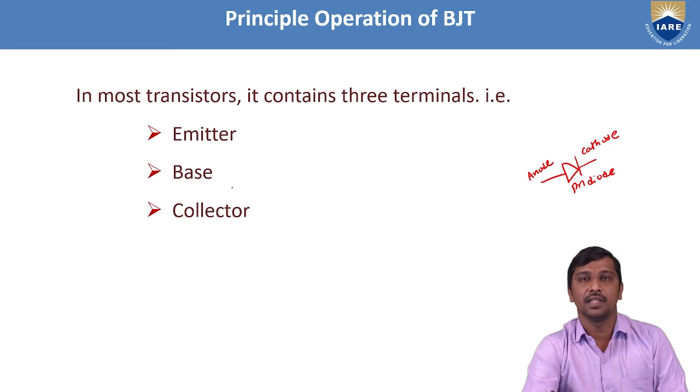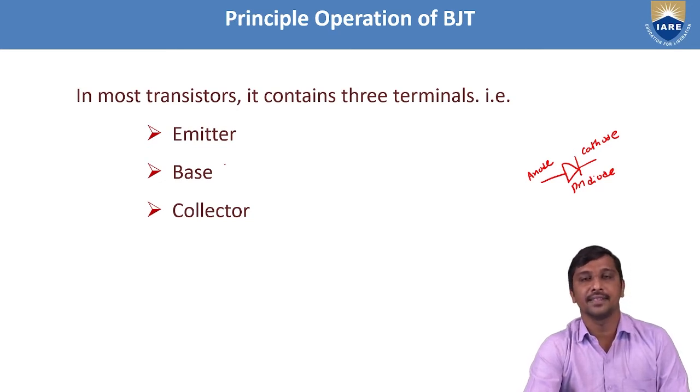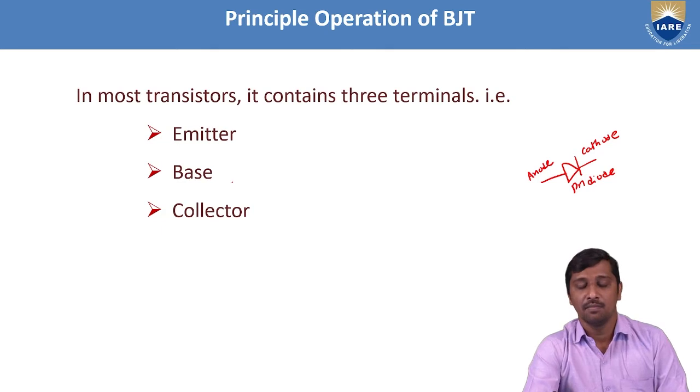In a PN junction diode, both the P-type and N-type materials are equally doped. But in constructing the bipolar junction transistor, different doping concentrations are employed. The emitter doping level is different, the base doping level is different, and the collector doping level is different.